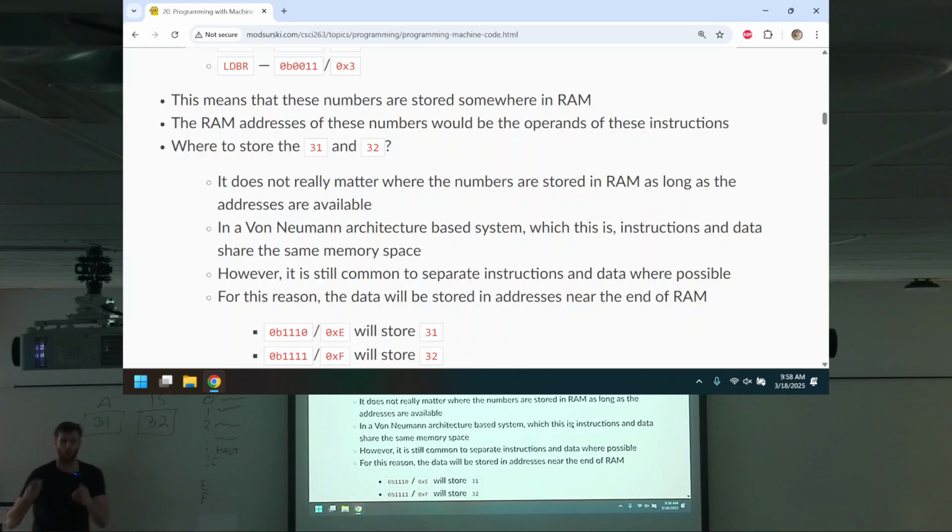Entirely fine. There's nothing wrong with that. But it's common, and I definitely do it, to store data at the bottom, for example, to keep it separated. So we have RAM, and instructions and data are separated.